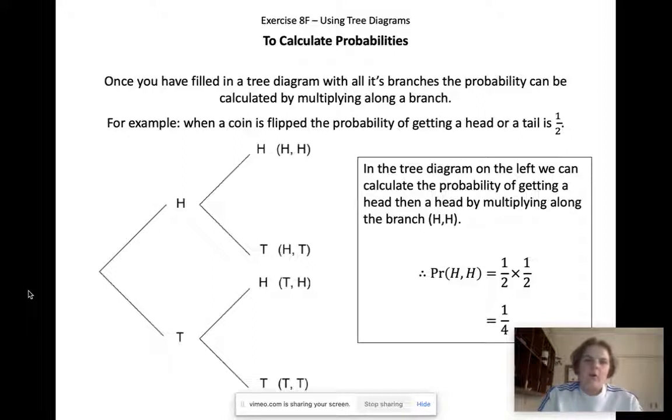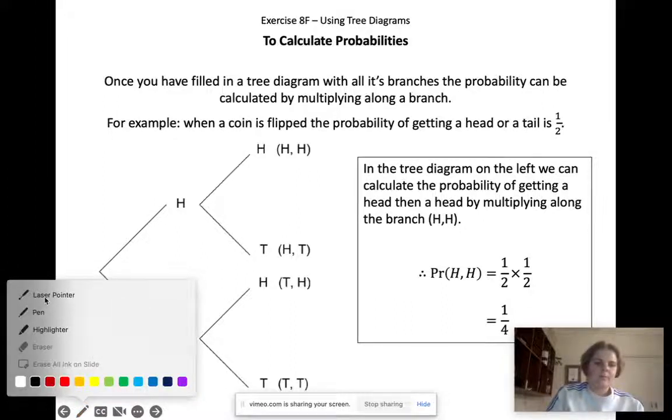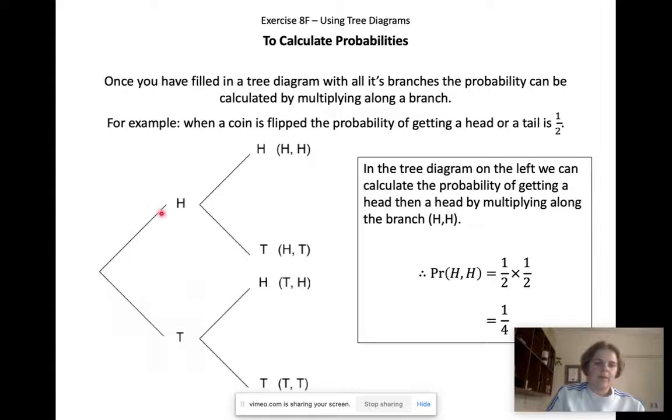This is an example of a tree diagram. What we've got is the start of our experiment. And then you can see on our first flip, the two options are head or tail. So this first branch represents the first flip.